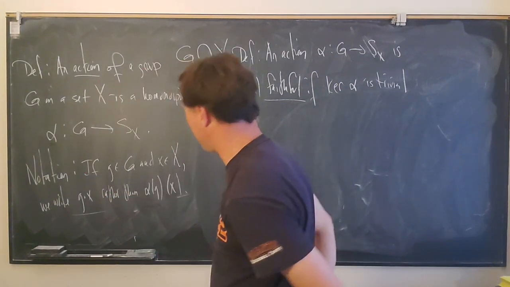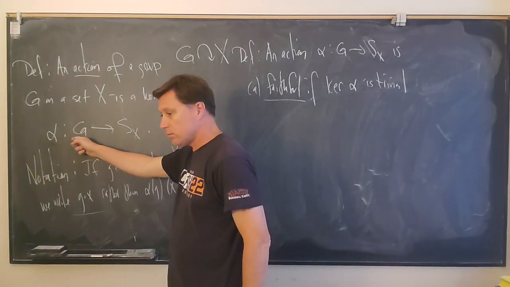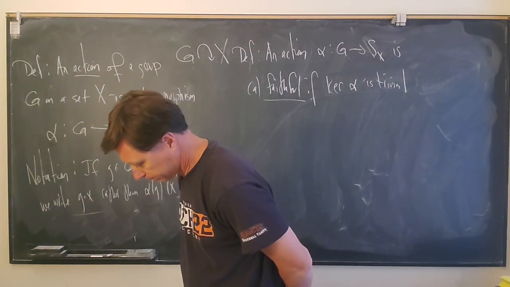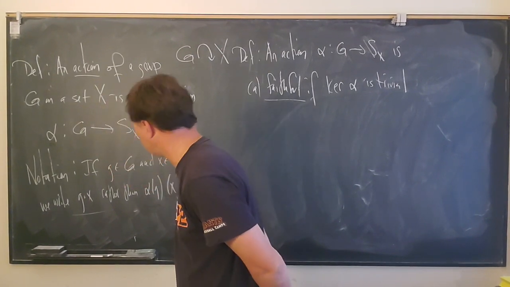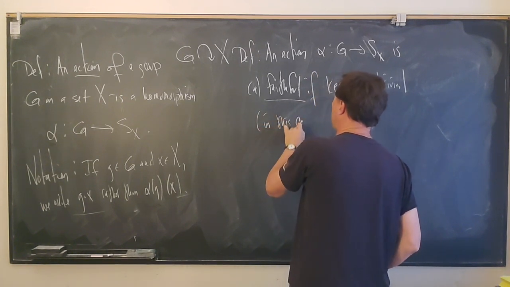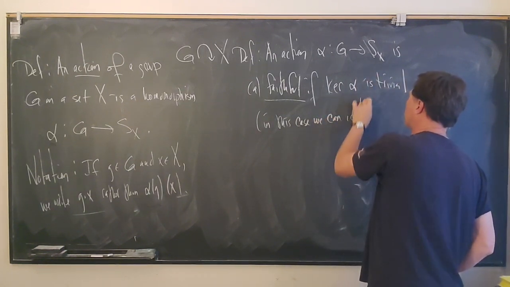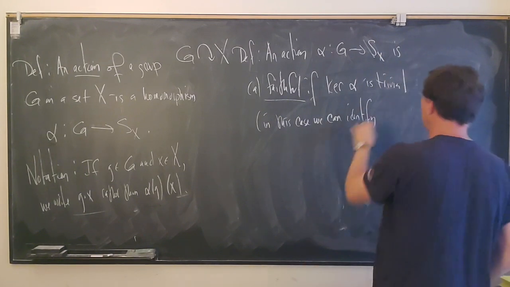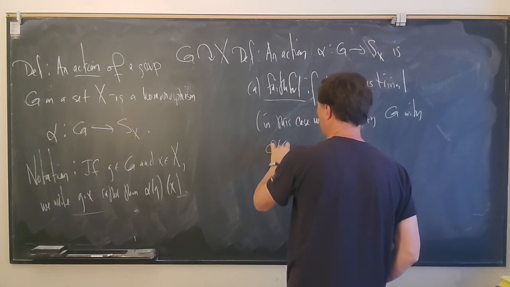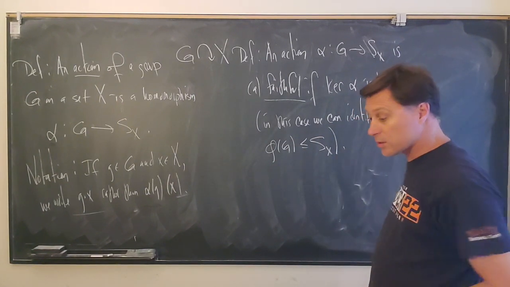In that case, if the kernel is trivial, we can view G as being a subgroup of S of X. We can identify it. So in this case, G will be isomorphic with phi of G, which is a subgroup of the permutation group of X.